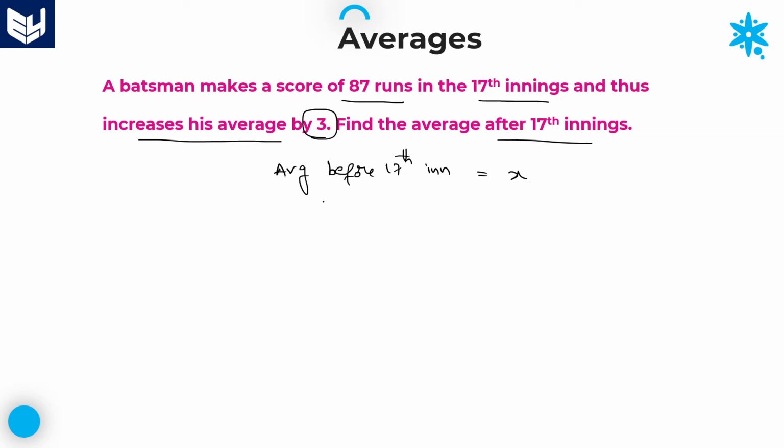If it is x before 17th innings, then what is the average after 17th innings? After the 17th innings, the average becomes x plus 3, because after scoring 87 runs in the 17th innings, his average is increased by 3. That is the reason after 17th innings, the average is x plus 3.